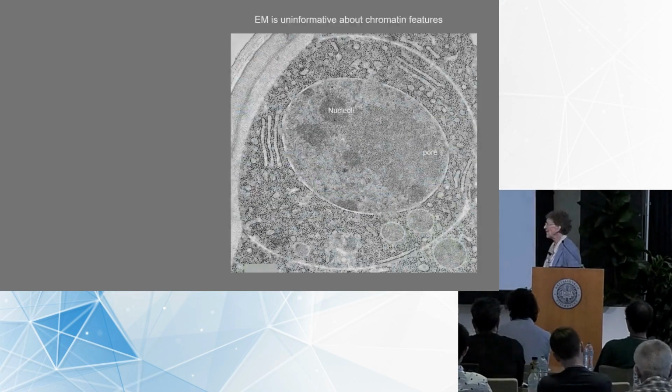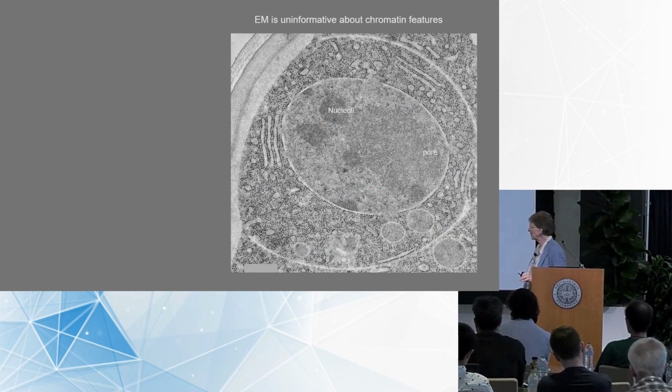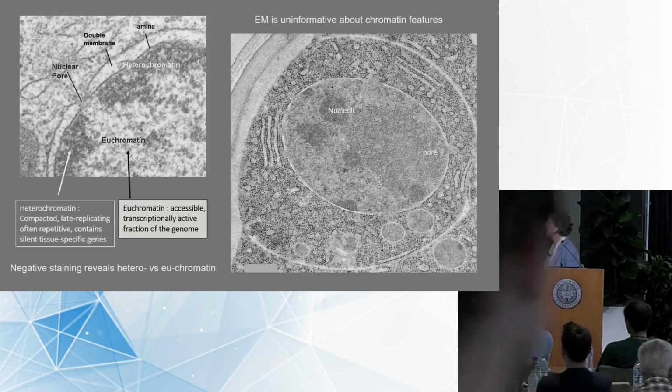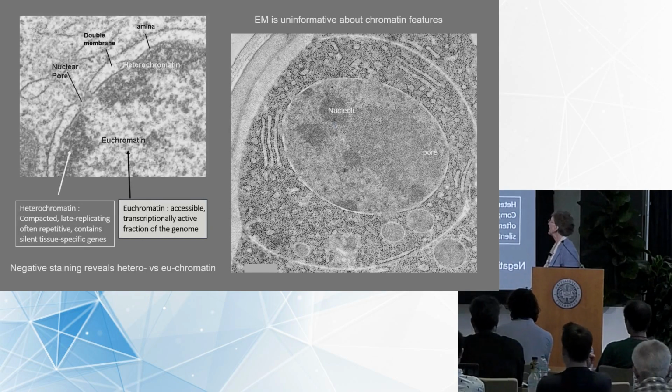So first of all, a long time ago, people used to try to learn about cell biology with EM, and really you couldn't tell much about the nucleus. Even at the highest resolution, you could tell there was a double membrane and there were denser parts and lighter parts, but it was really nondescript.